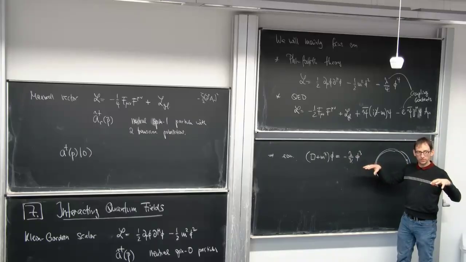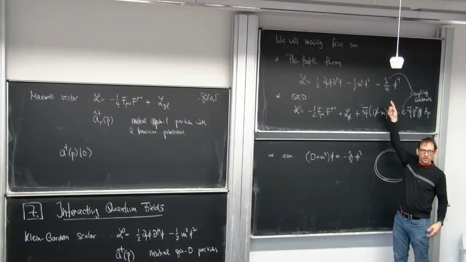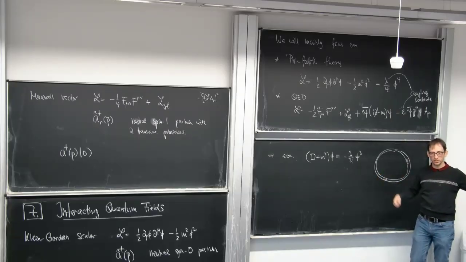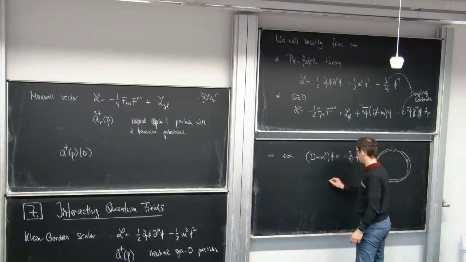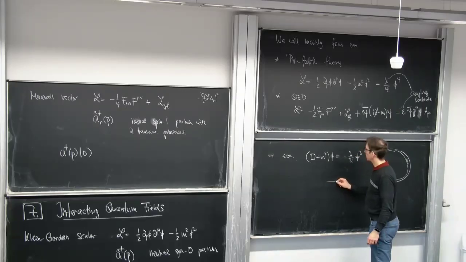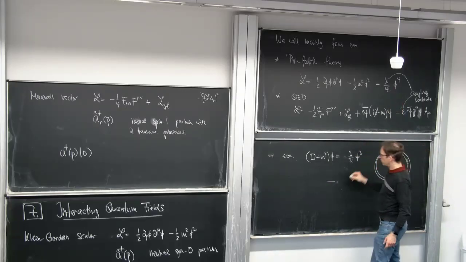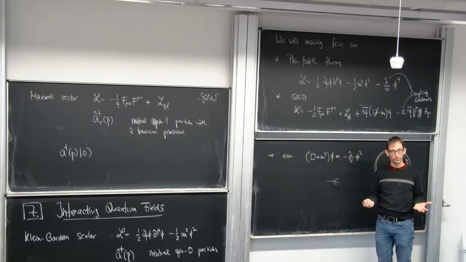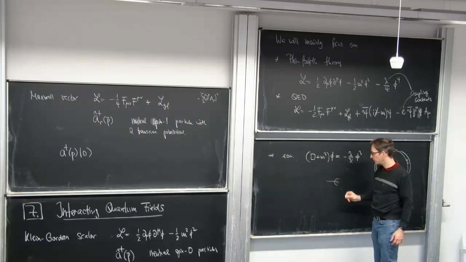That's the story. Now you'll object, for you, this is a self-interaction. It's not just the interaction between two different things, it's also this particle by itself. This particle will produce other particles, and with such a term, you can actually produce two things, and then they fly. These are the virtual particles, they can do stuff.